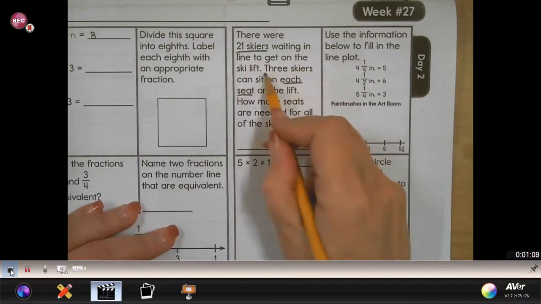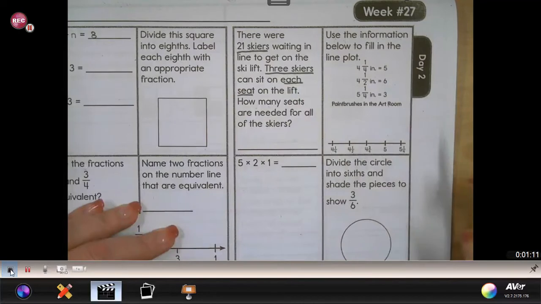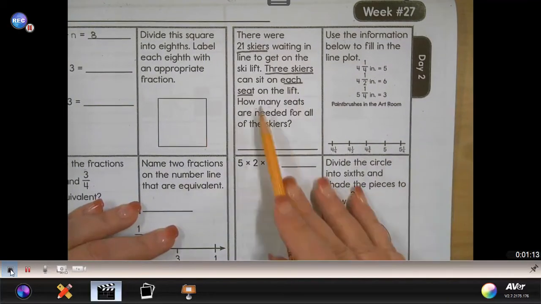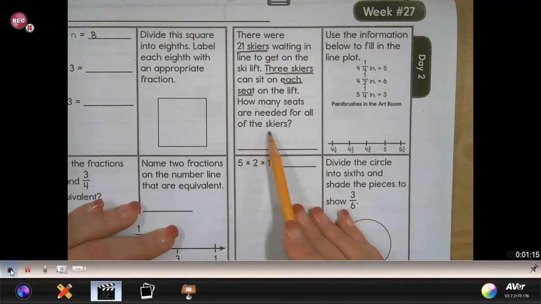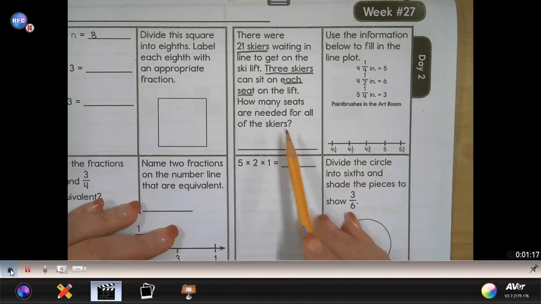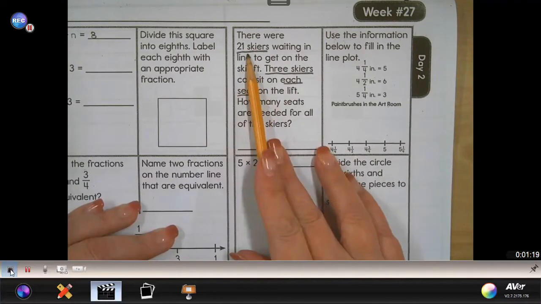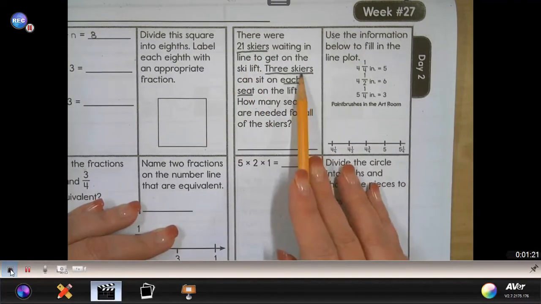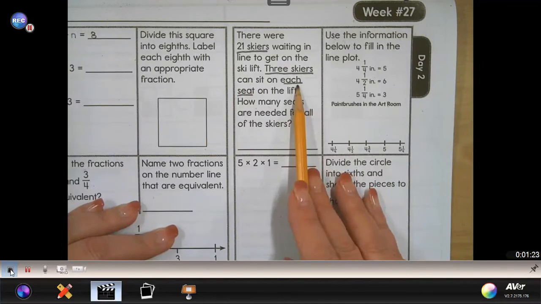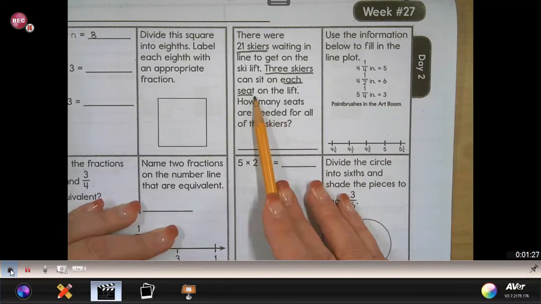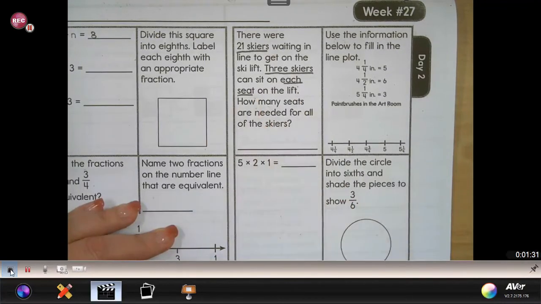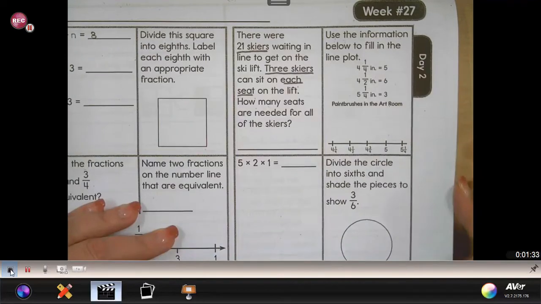There are 3 skiers on each seat. How many seats are needed for all of the skiers? So we have our total number of skiers, being put into 3 for each group, and we want to know how many seats, or how many groups, are needed. So we're actually going to be using division, if you haven't already figured that out.